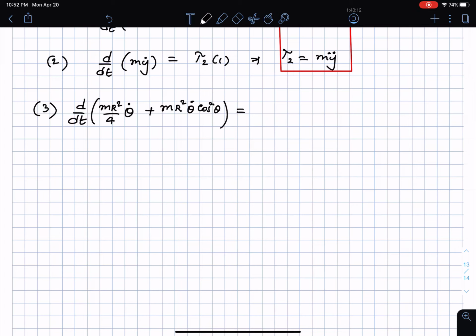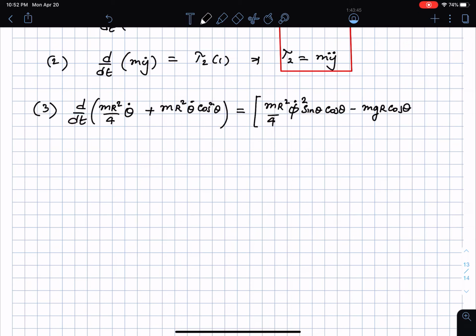Okay, I'm going to have many terms containing theta, so I'm going to start putting a bracket here. Mr square by 4 phi dot square sine theta cos theta. I'm writing the steps after the simplification has been done. Okay, mr square by 4 phi dot square sine theta cos theta. Then I'm going to be having minus, I had an mgr sine theta, right? So that's going to be minus mgr cos theta.